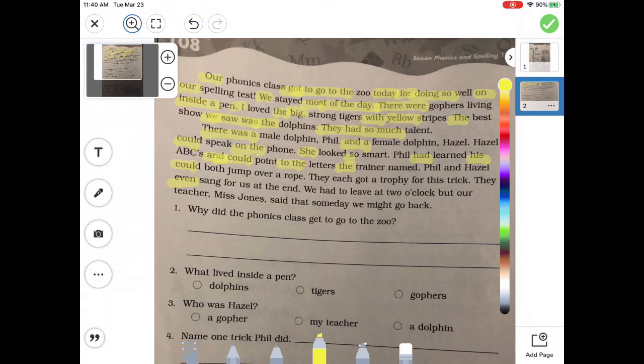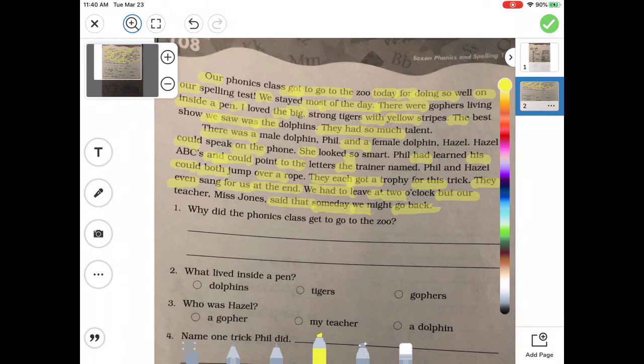Phil and Hazel could both jump over a rope. They each got a trophy for this trick. They even sang for us at the end. We had to leave at 2 o'clock, but our teacher, Miss Jones, said that someday we might go back.